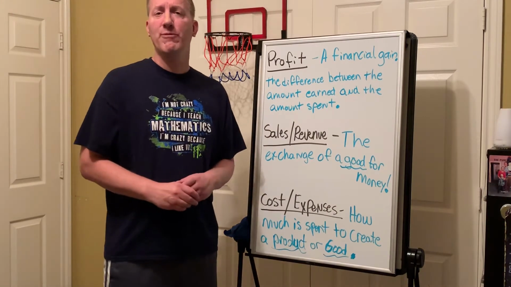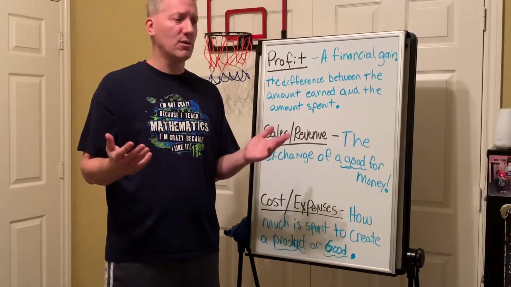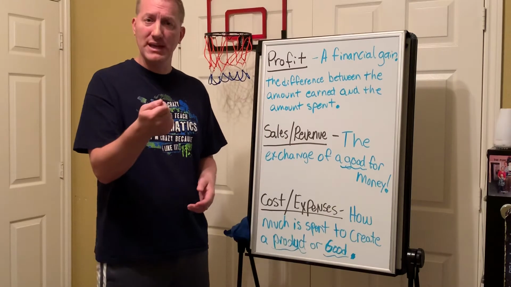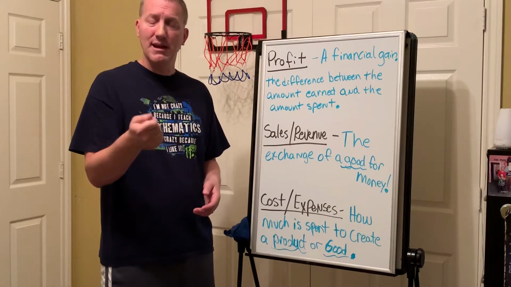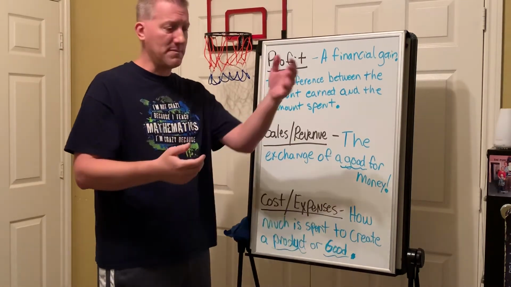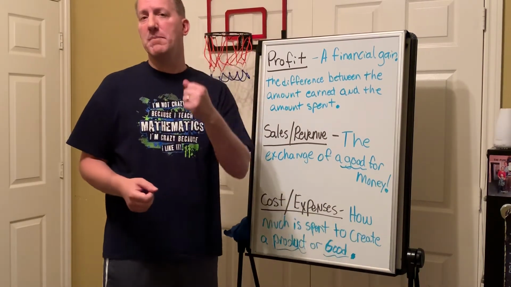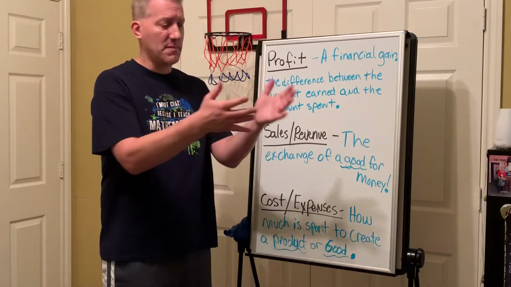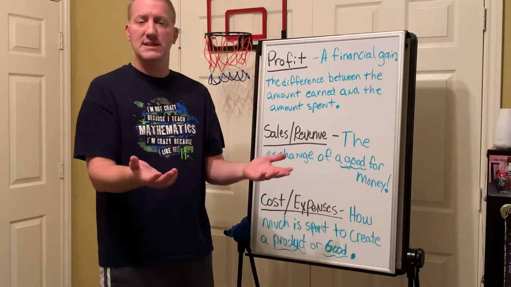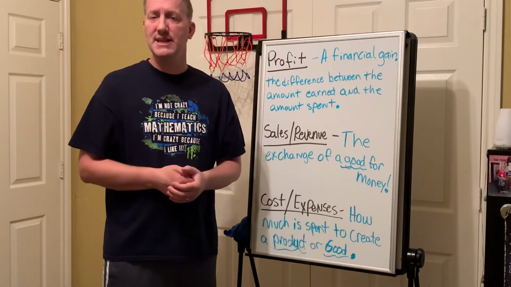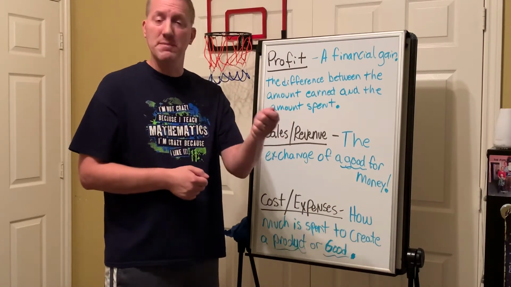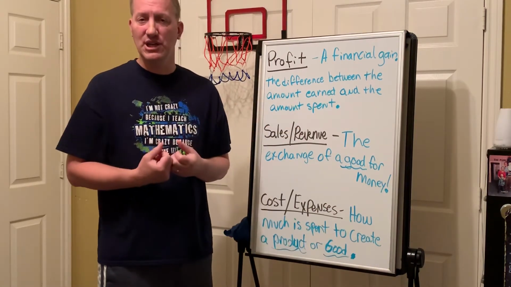For example, when I go to Kroger, I bring in money, and I might buy bananas, milk, and a loaf of bread, and I bring it up to the counter, and they'll say $8.25. I give them money, and they give me the goods.